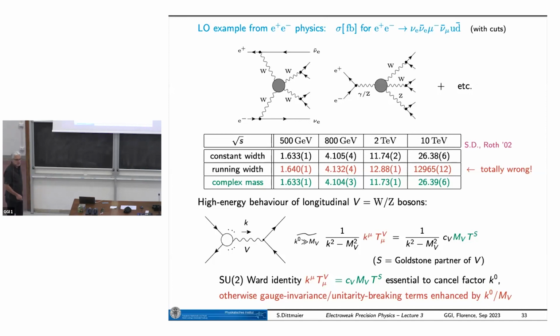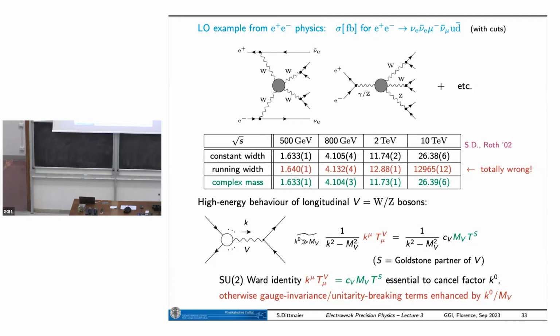I told you already this has to do with longitudinally polarized vector bosons. For example, here you can just look into the situation where you have one vector boson that decays into an electron-antielectron pair, like for example here or there, and this vector boson is still near its resonance.